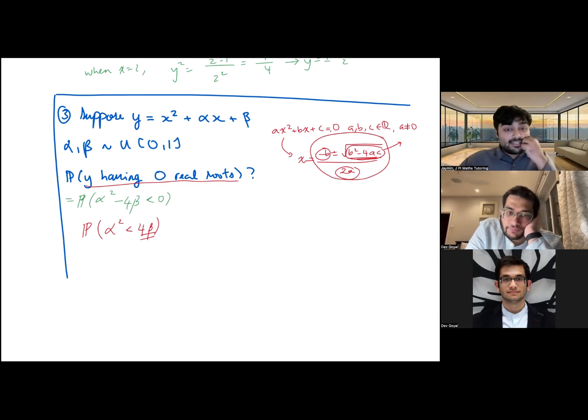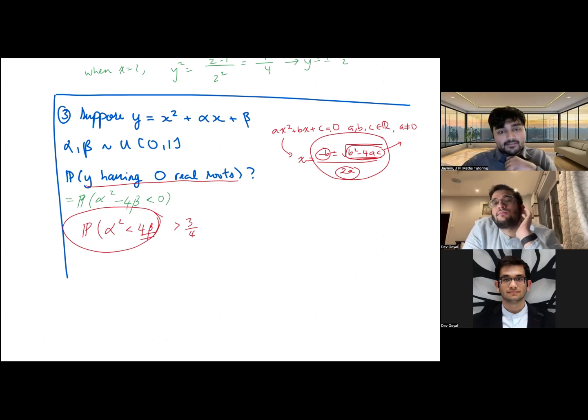So this number should be bigger than 3/4, because we get it for free if beta is bigger than a quarter. But even if beta is less than a quarter, there's still a chance that alpha squared can be less than 4 beta. So it's going to be bigger than 3/4, a pretty high probability.